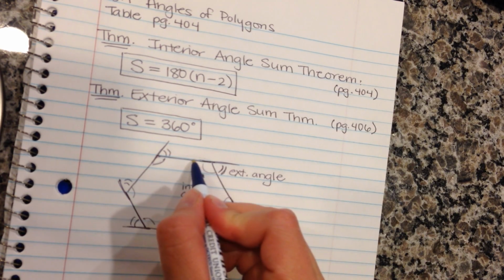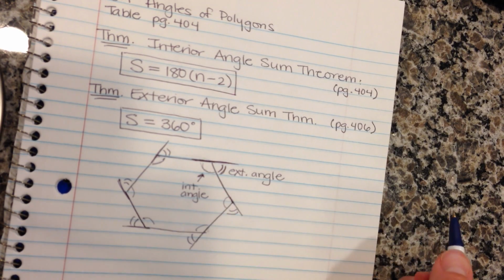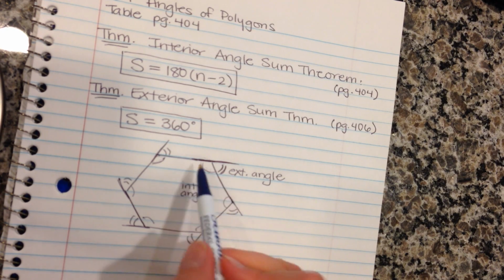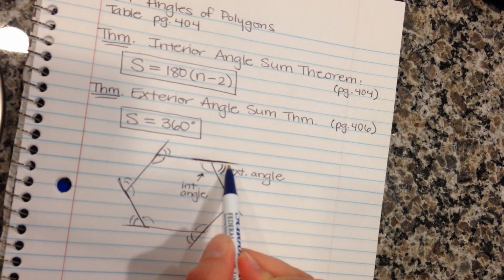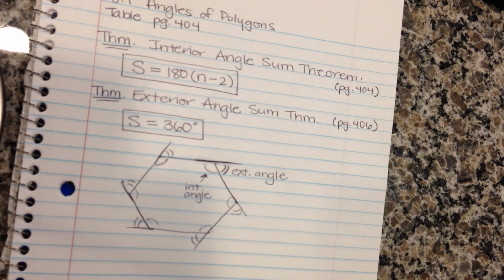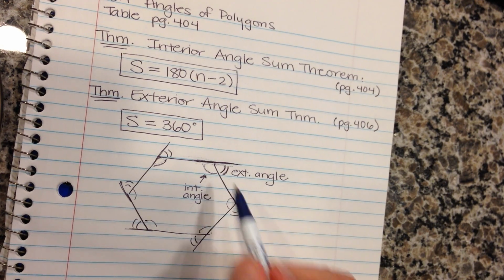Now, if I were to look at just this interior angle and this exterior angle, what do you notice the two angles together are on? What do you notice they're on? They are on a line.